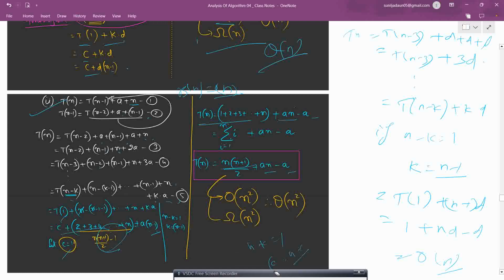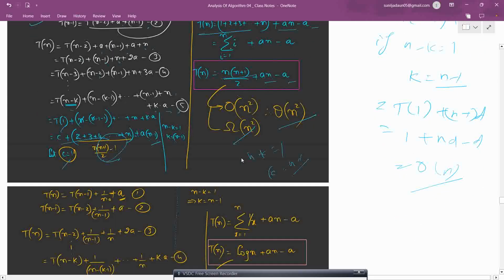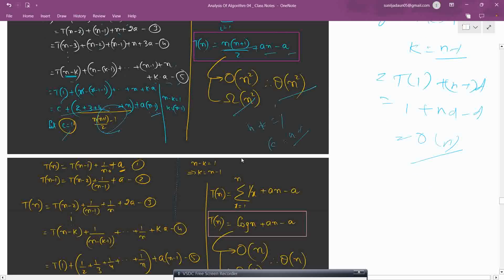So omega of n square, so it will become theta of n square. This is how we do back substitution.